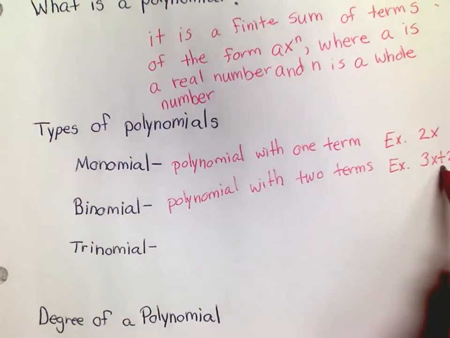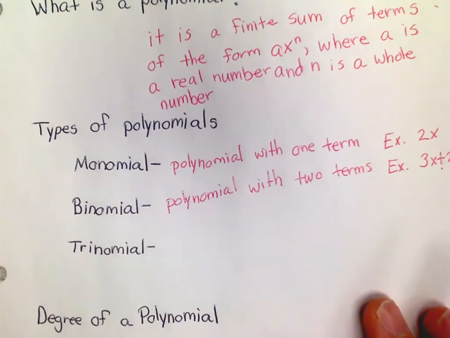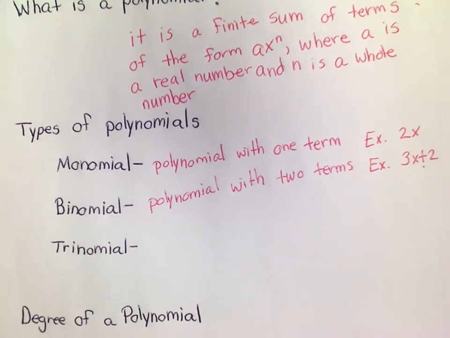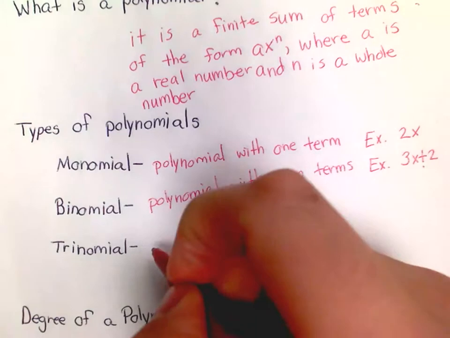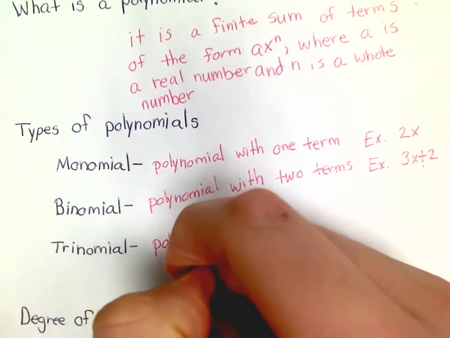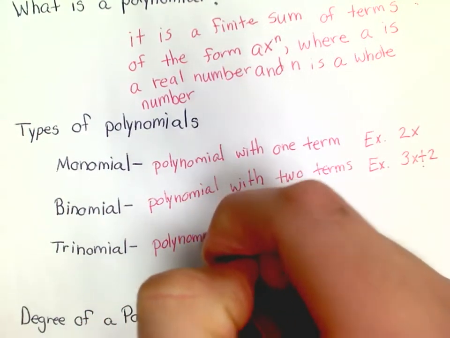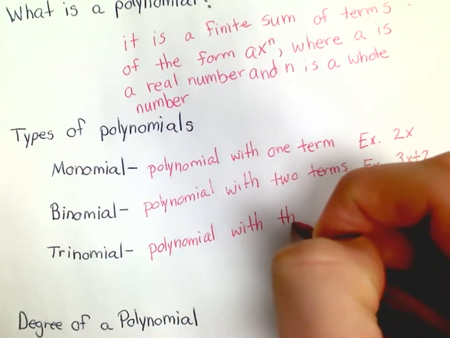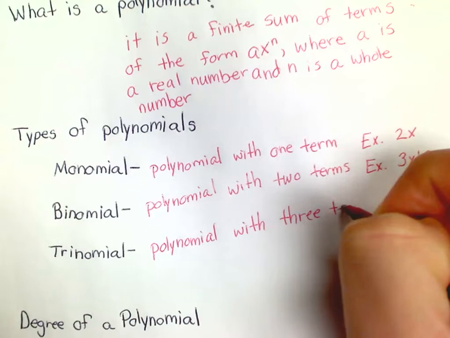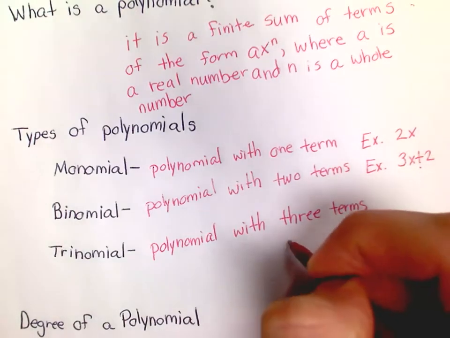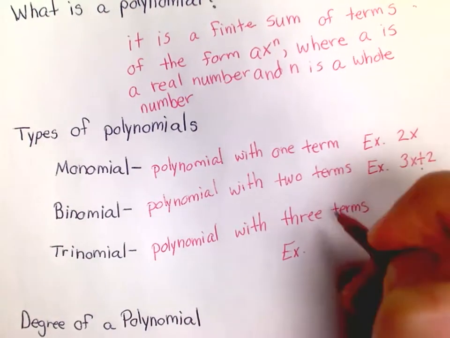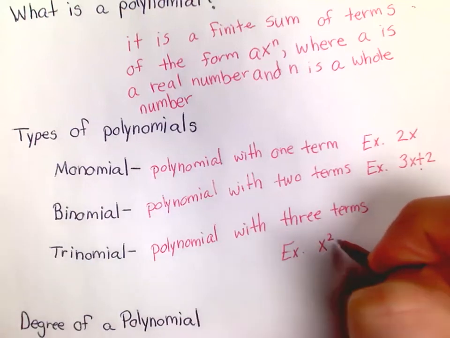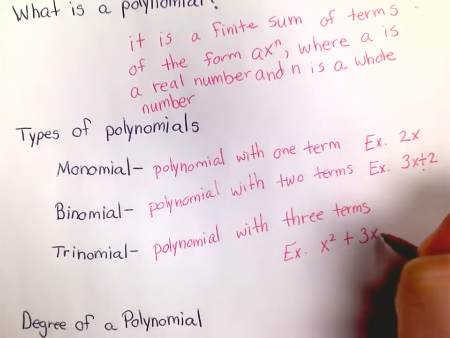See, there's going to be one plus or minus present, denoting that there is a binomial present. For a trinomial, as you might guess, it is a polynomial with three terms. And an example would be x squared plus 3x plus 8.